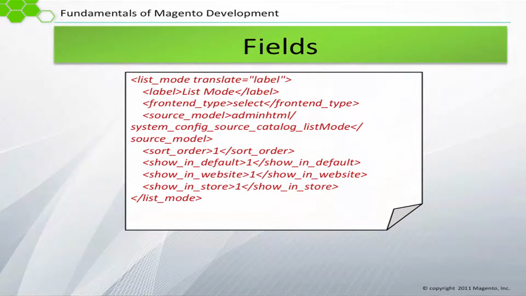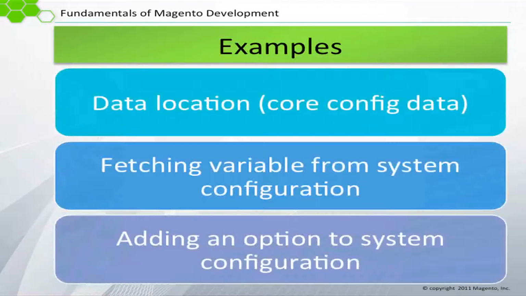So, what does all this do? Well, this sets up our system configuration page, and this provides the fields that we can then save, and the values that are saved here consider the scope and are saved in core config data. So that's the full connection there.